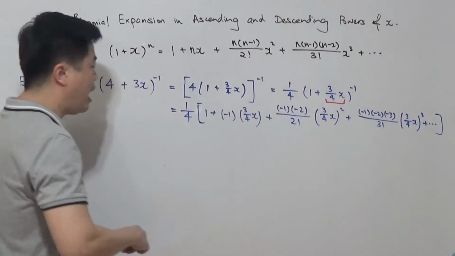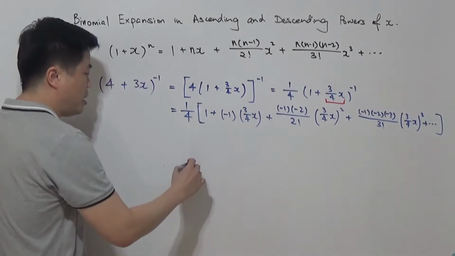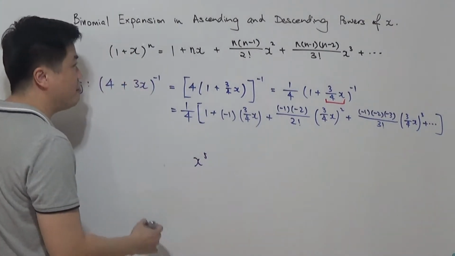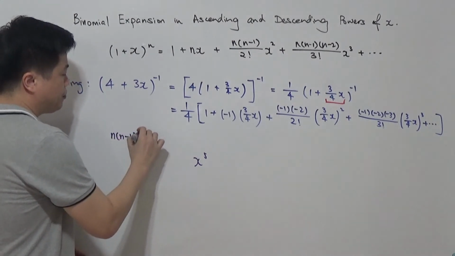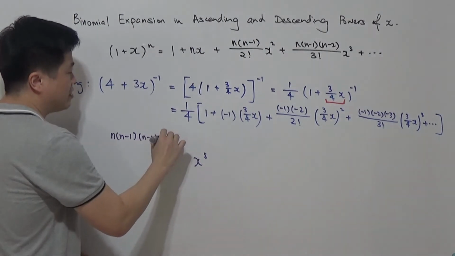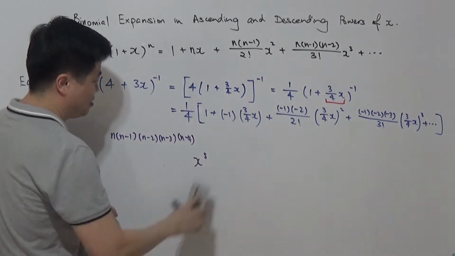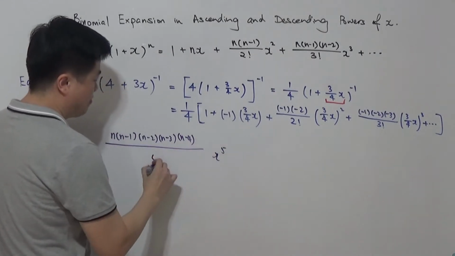So if I were to ask you to give me, in general form, x to the power of, say, 5, I'm going to skip x to the power 4 and just go straight to x to the power 5, you would tell me that it is n, bracket n minus 1, n minus 2, n minus 3, and then n minus 4. I ran out of space, so that will be the x to the power 5. And then we're going to divide that by 5 factorial.